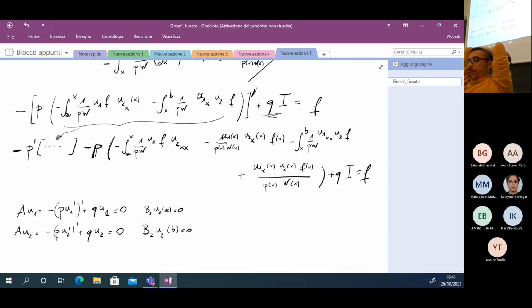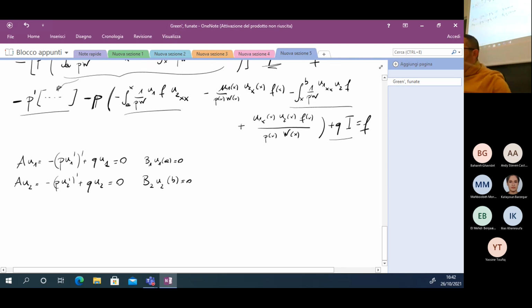If you use this condition, what you find is this. This term and this term all cancel out because of these conditions.